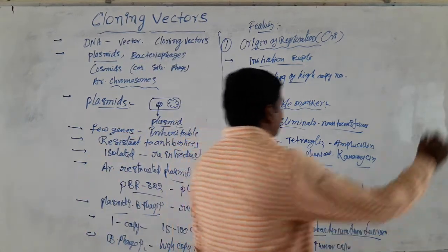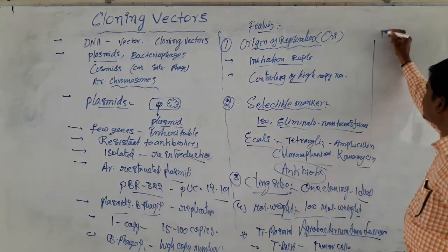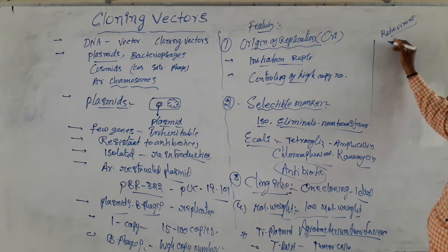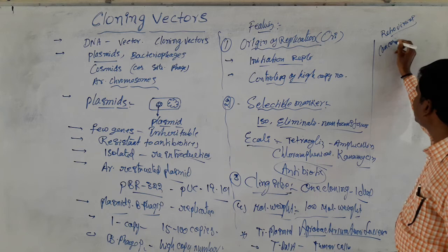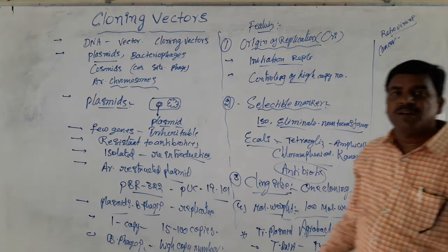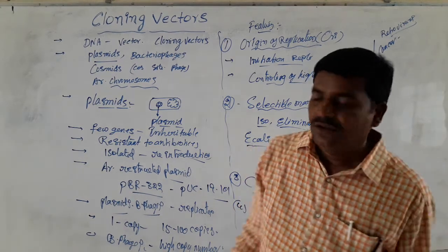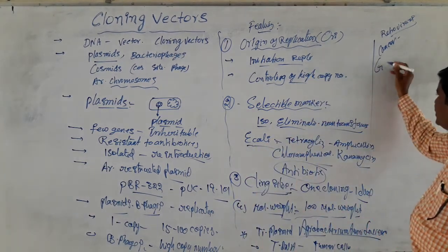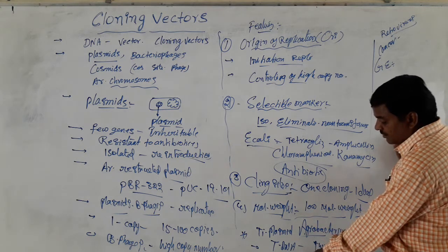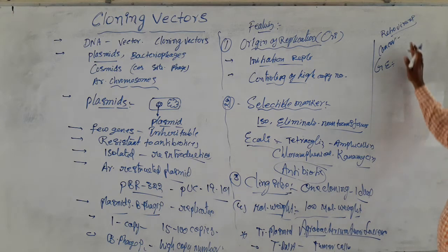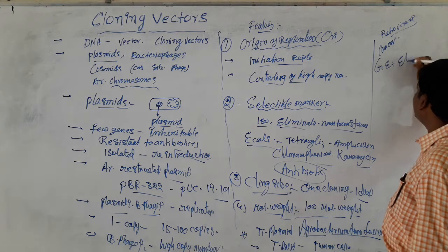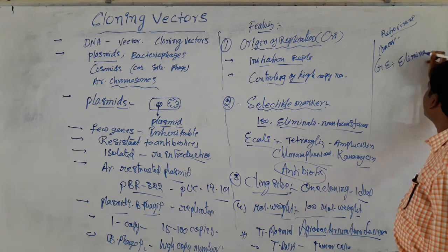At the same time, retroviruses cause cancer in animal cells. They convert the normal animal cells into cancer cells. By using the genetic engineering process, the tumor-inducing genes of Agrobacterium tumefaciens and the cancer-causing genes of retroviruses are completely eliminated.